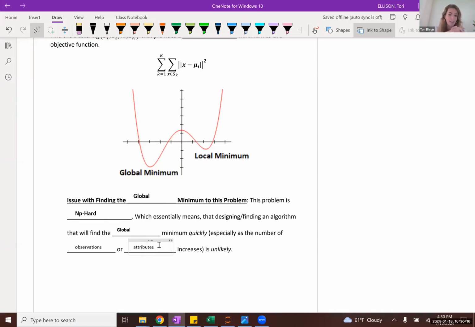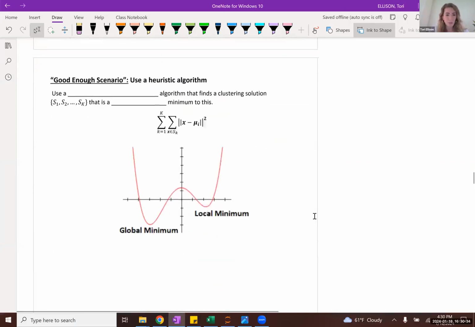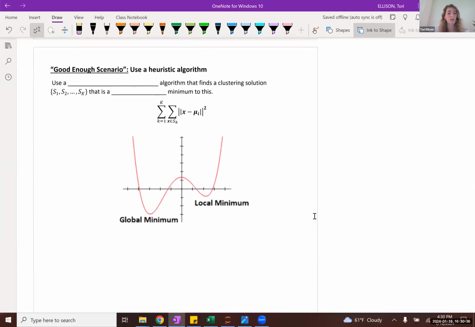So the bullet point is, we certainly have not found an algorithm yet that will quickly find this global minimum solution for you. And given that it belongs to this class of NP-hard problems, it's highly unlikely that we ever will. So we need to do the next best thing. We use instead what we call heuristic algorithms. So instead, we use what we're going to call Lloyd's algorithm, which is a heuristic algorithm.